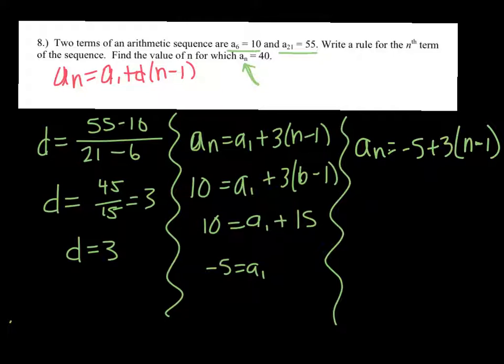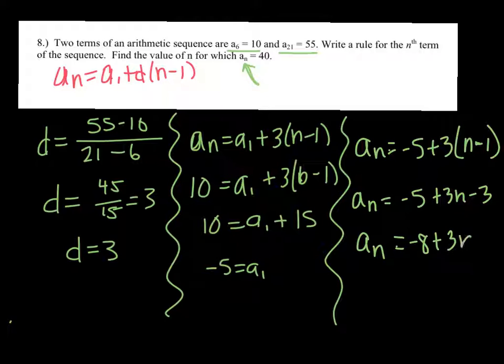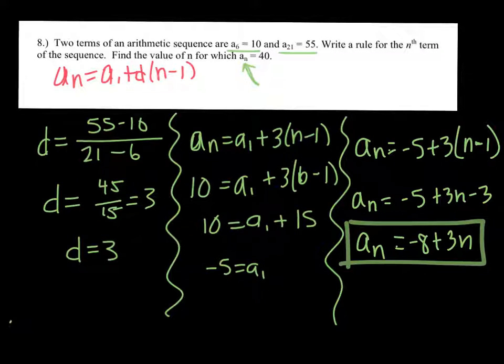If you simplify it out, you will get a sub n equals negative 5 plus 3n minus 3. So our rule is a sub n equals negative 8 plus 3n. So that's our rule. And again, I'm just writing out every single step possible.